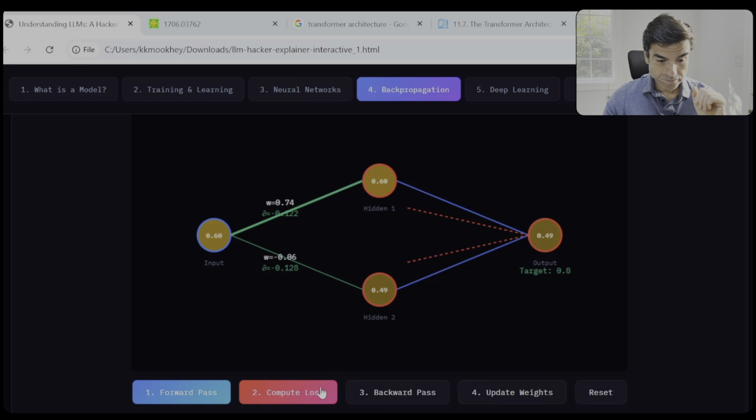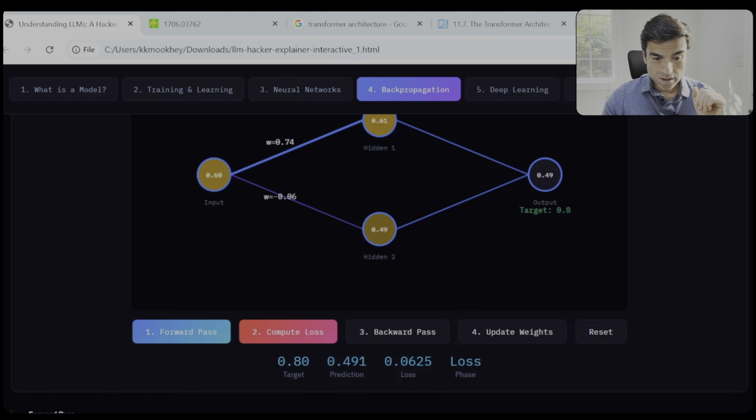Now, how do we train these models? The same concept we looked at earlier. Run a forward pass, calculate the loss function. I needed a value of 0.8 as per my data set. I got 0.49.